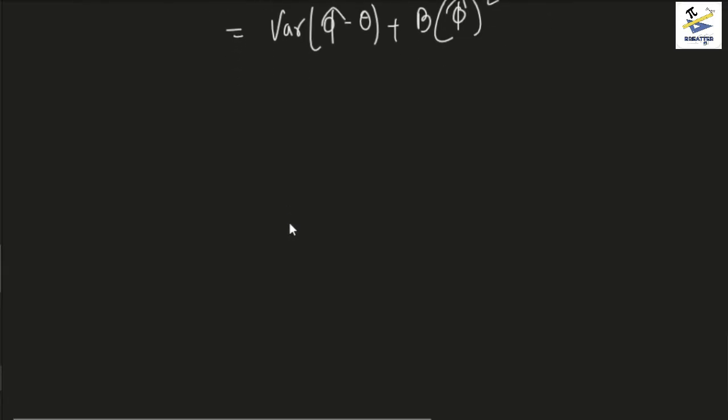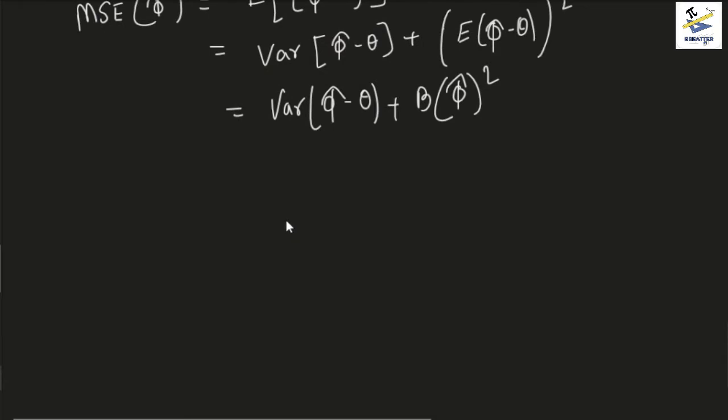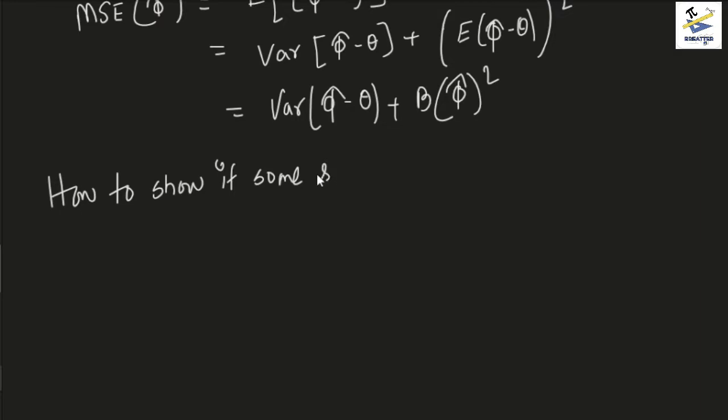Now, here comes an important property of showing something is a consistent estimator. Our topic is how to show if some estimator is consistent.